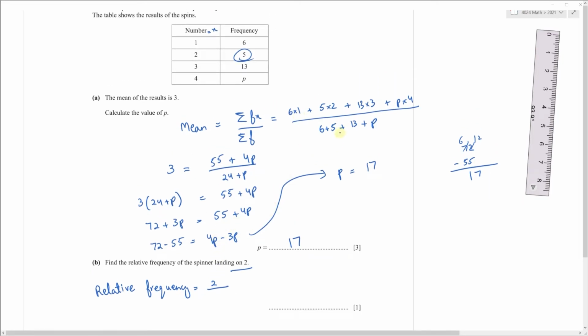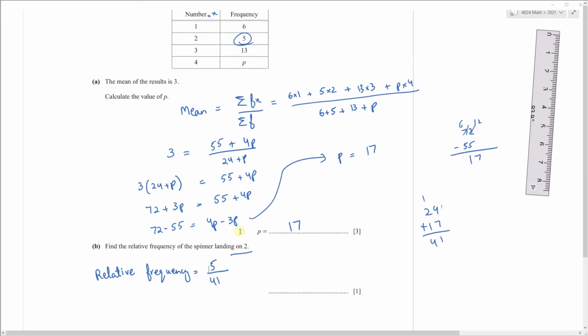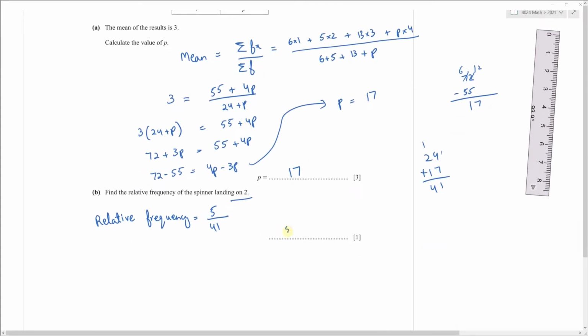So the sum of all frequencies was 6 plus 5, 11, plus 13 was 24. 24 plus p, 24 plus 17 is 41. Sorry, this is 5, not 2. Your frequency of landing on 2 is 5 here. So 5 over 41.